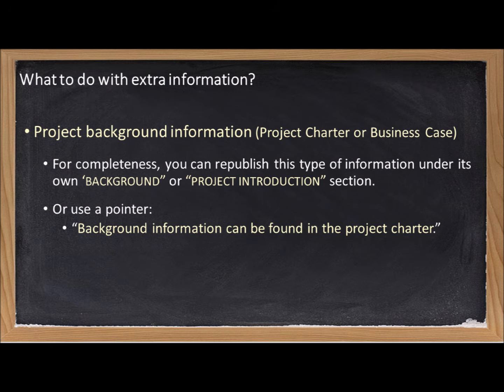For example, you could simply state that project background information can be found in the project charter. From an academic perspective, this strategy demonstrates your knowledge of how all the project management documents fit together, and from a practical business perspective, it prevents configuration control problems that can sometimes be encountered when you're having to synchronize multiple documents with the same information in it.